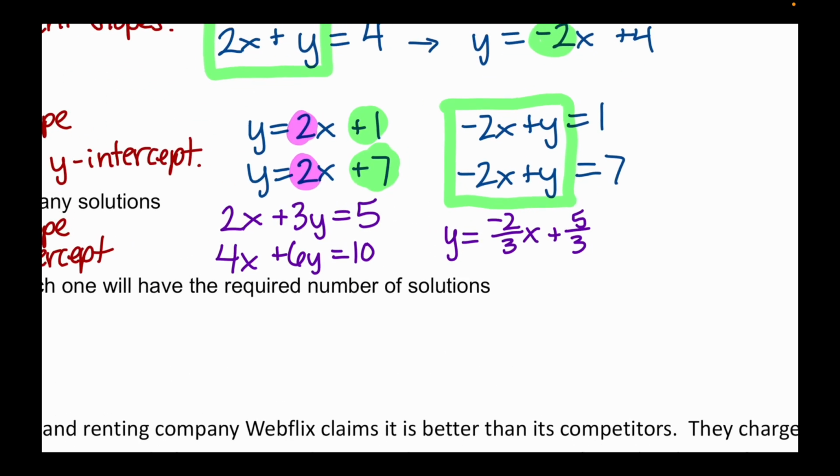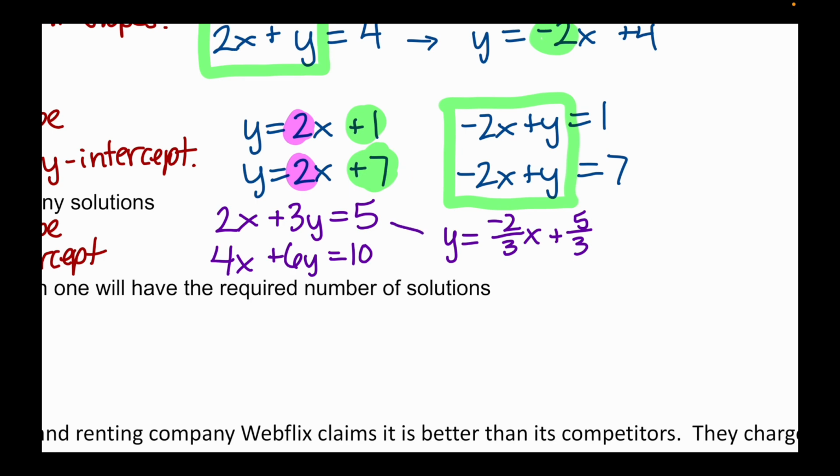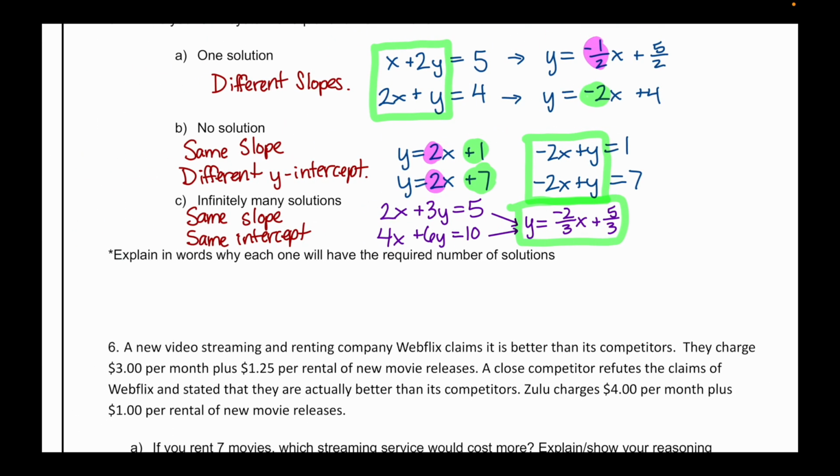I'm going to actually make these lines a little separate and show they both become that same thing here. So this would be my example for infinitely many solutions. They would both lie on top of each other.